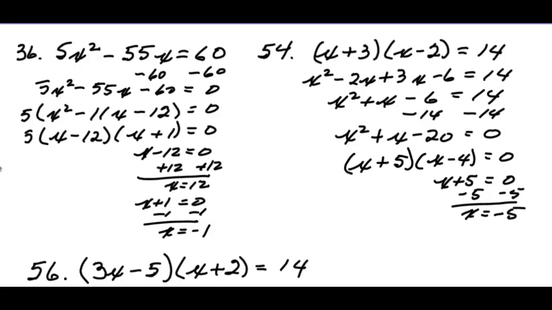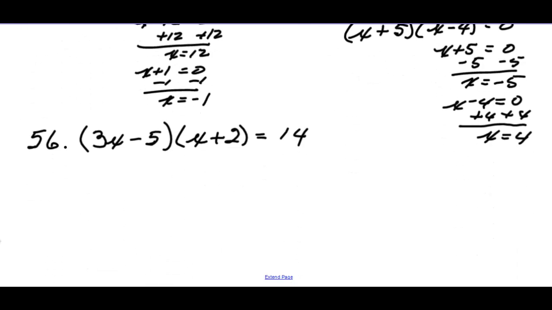Putting x minus 4 equal to 0 and adding 4 to both sides, the other solution is x equals 4.